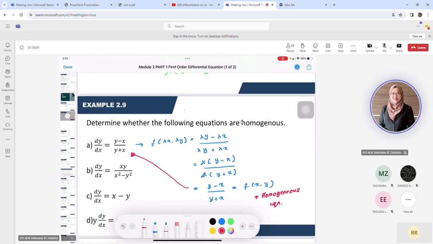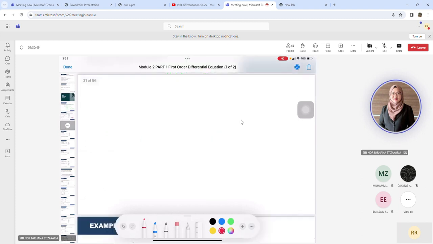Let's see example B. dy dx equals xy divided by x power of 2 minus y power of 2. Ni example 2.9. Okay. dy over dx equals xy divided by x power of 2 minus y power of 2.